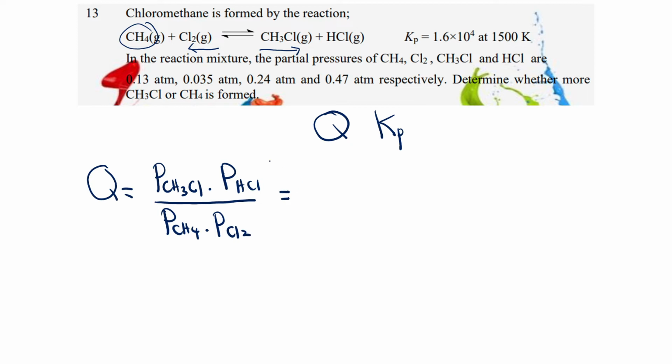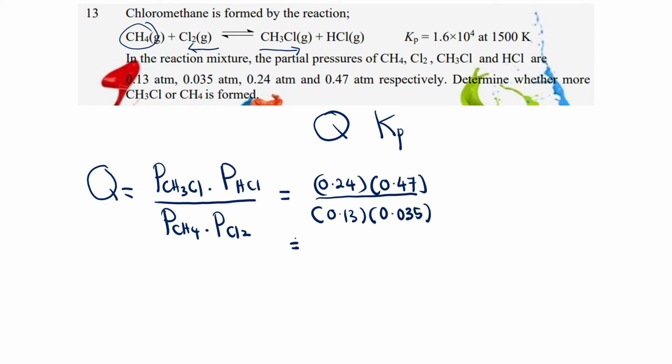Jadi kita gantikan saja nilai-nilai yang kita sudah ada di dalam question. So for CH3Cl 0.24 times HCl is 0.47 over CH4 0.13 times Cl2 0.035.